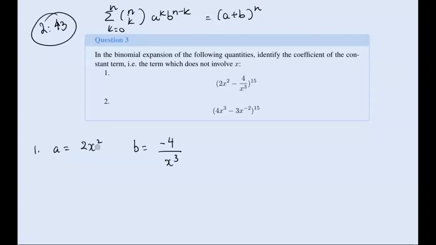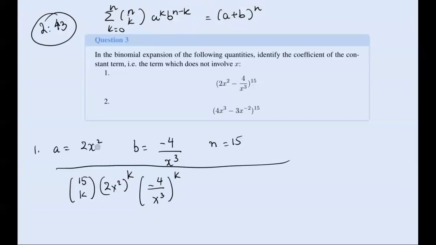Any term when you expand this will have the form 15 choose k. A here is 2x squared to the power of k, and your B is negative 4 over x cubed to the power of k. Because you have n is 15. Any term when you expand this expression will have this form. However, you are looking for the constant term.